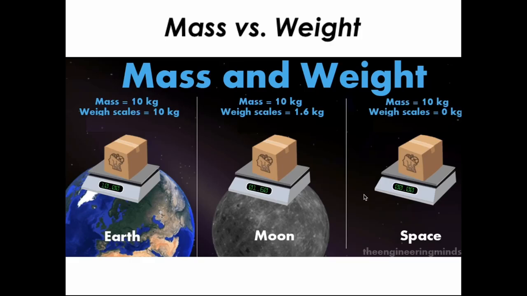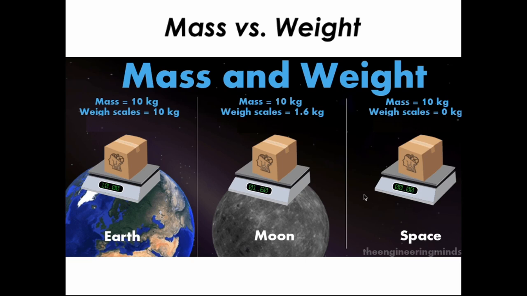Mass versus weight. So what is mass? Remember, we saw in our previous slide that mass is the amount of matter in an object. How is mass different than weight? You might think, oh, mass is the same as weight. No, mass and weight are totally two different things.